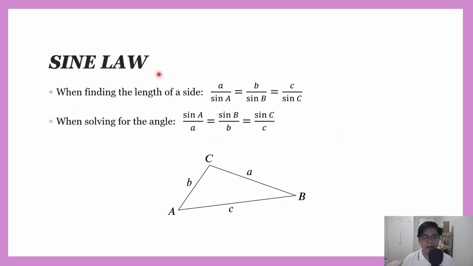When finding the length of a side, we have a over sine A equals b over sine B equals c over sine C. When solving for an angle, we have sine A over a equals sine B over b equals sine C over c. Notice once again the placement of the letters or the variables.